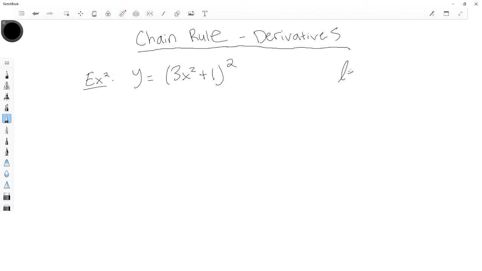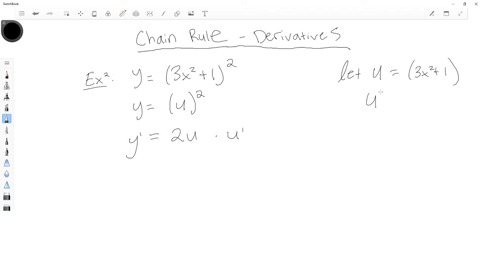We can let u equal 3x squared plus 1, and then we can rewrite this as u squared. So the derivative of this will be 2u times u prime, or the derivative of u.